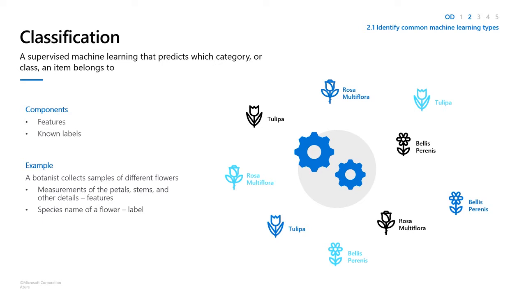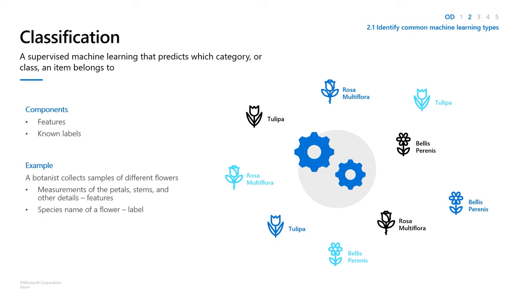Our friend, the botanist, who went to school for this, is providing a label for the flower, the species name. So what we have is all of that sample data that we've collected, because we have the name, we have the label, we have all of those details, all that data on the flower.